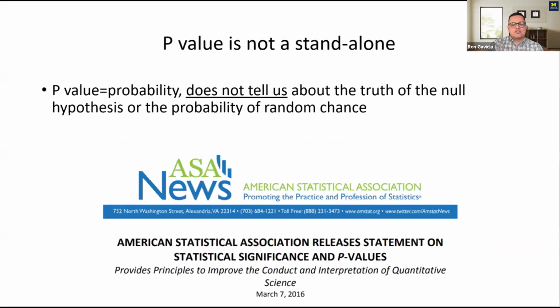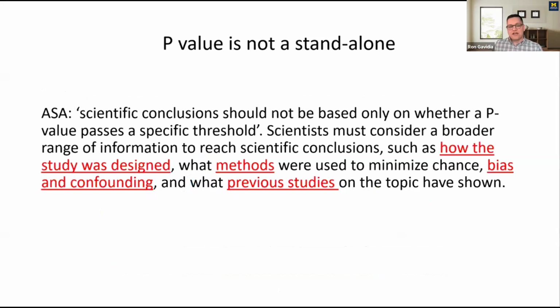Because of certain concerns about p-value misuse, based on the previous example, the American Statistical Association released this statement in 2016 in relation to p-values. They basically said the scientific community should not use p-values as a standalone and should use other factors.